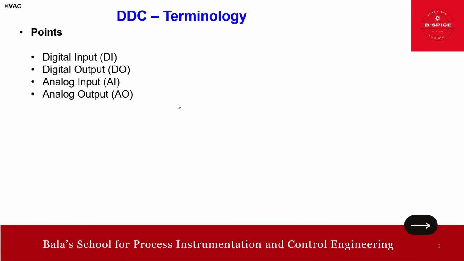Then we have the digital output. This is nothing but switching a device from one status to another or maintaining a status. So if the control system is programmed to turn an air handler on at 8 a.m. and off at 5 p.m., the digital output is the action of turning the switch on and keeping it until the stop time. So that's about the digital output. In this case, we can say electric heaters, fans, pumps, two position valves, all these.